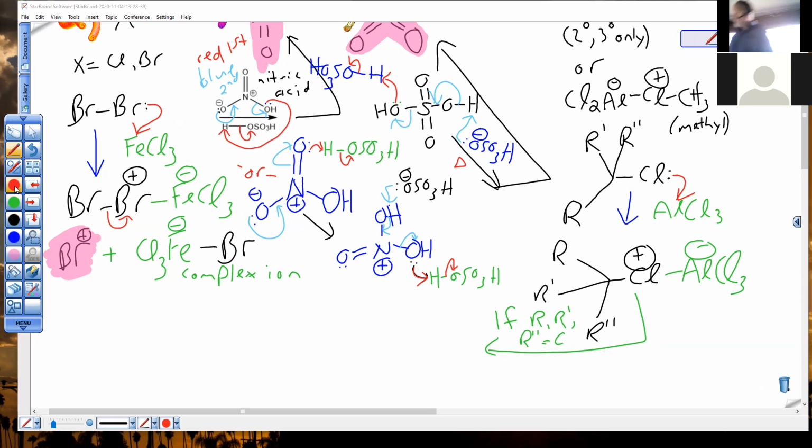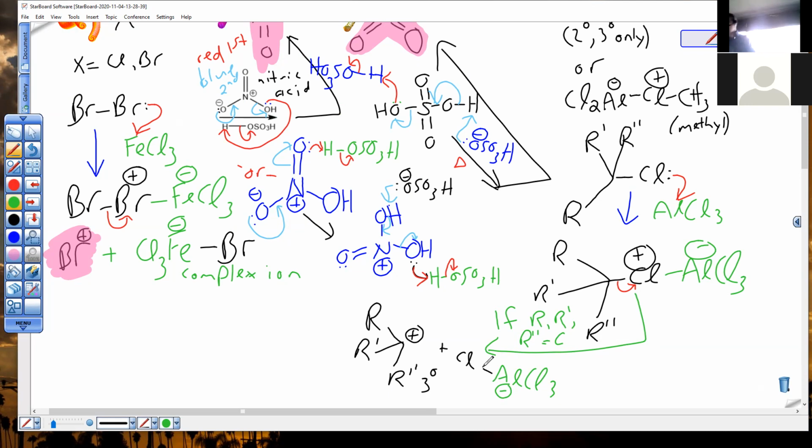It's going to do this. And you're going to make a nice carbocation. If these are all C's, what's your category of carbocation? And that's the answer, tertiary carbocation. And what's the other species? Well, you got a Cl with this aluminum complex ion. And that's the story if R prime and R double prime equals C.